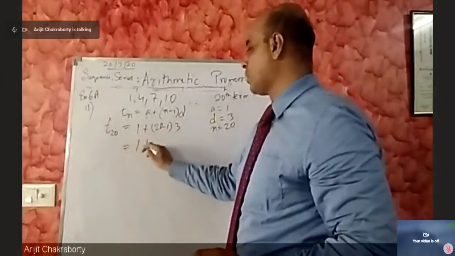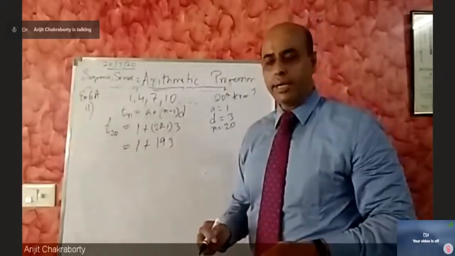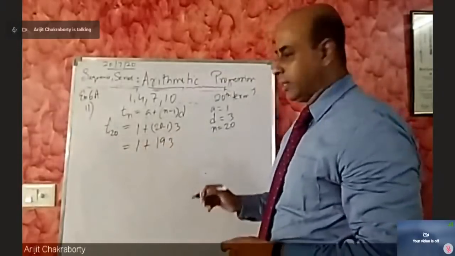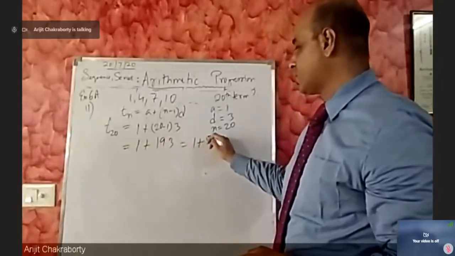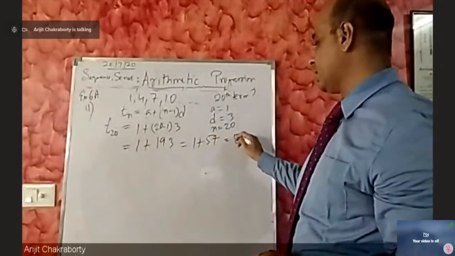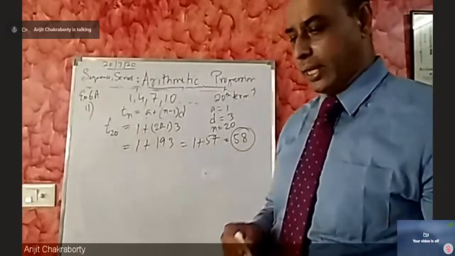So this is 1 plus 19 into 3. 19 into 3 is 57. So it is 1 plus 57, that is 58. So the answer is 58. The 20th term is 58.